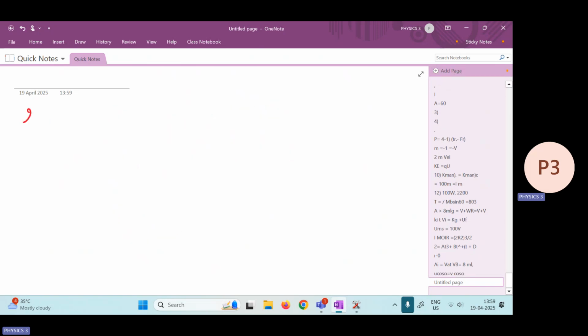The 22nd question. We are given a ball weighing 10 gram. It hits a hard surface vertically with a speed of 5 meter per second and rebounds with the same speed. The ball remains in contact with the surface for 0.01 second. We need the average force exerted by the surface on it. So F will be delta P by delta t. As the ball rebounds with the same speed, the change in momentum will be 2mv upon the time.